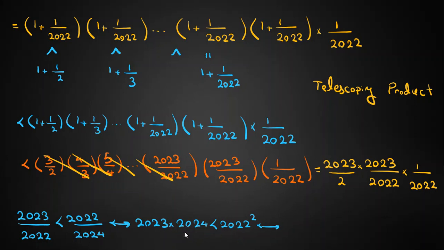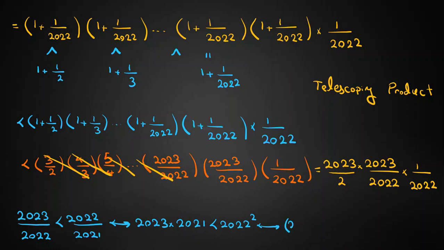We can say 2023 is 2022 plus 1. Oh, sorry, let me correct this. It's not 2024, it's 2021. Now we know 2023 is 2022 plus 1, and 2021 is 2022 minus 1.